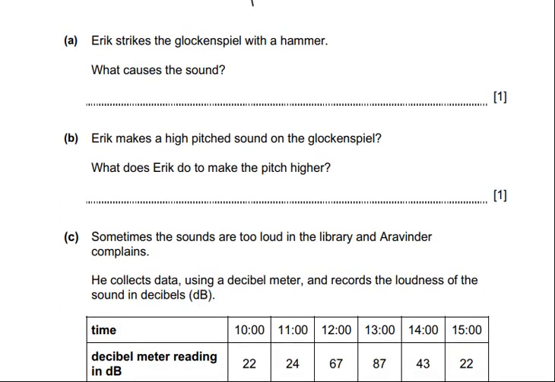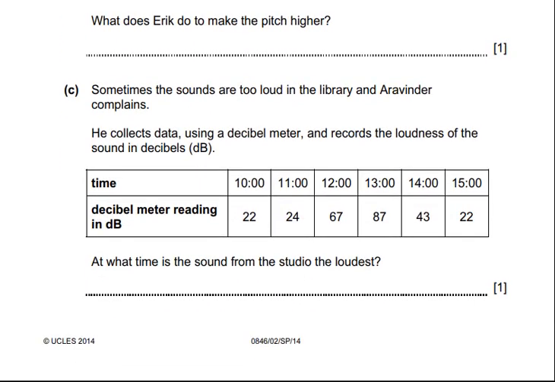Question C. Sometimes the sounds are too loud in the library, and Arvinder complains. He collects data using a decibel meter and records the loudness of the sound in decibels. So we have a table. Some data is written here in the table.